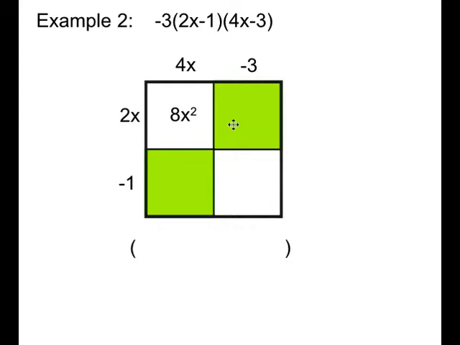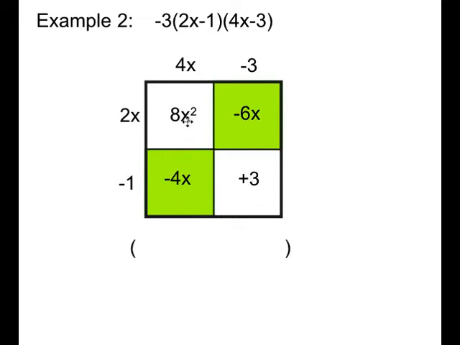To get the top right-hand box, 2x times negative 3 is negative 6x. To get my bottom left, it's negative 1 times 4x, which is negative 4x. To get my bottom right-hand box, it's negative 1 times a negative 3, which is a positive 3.